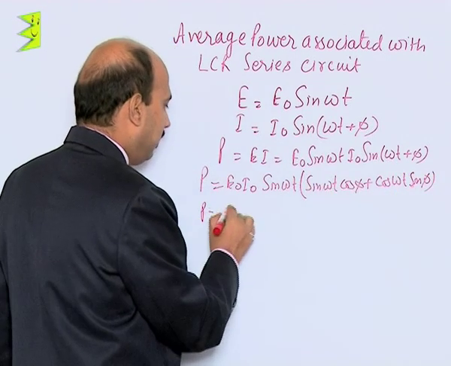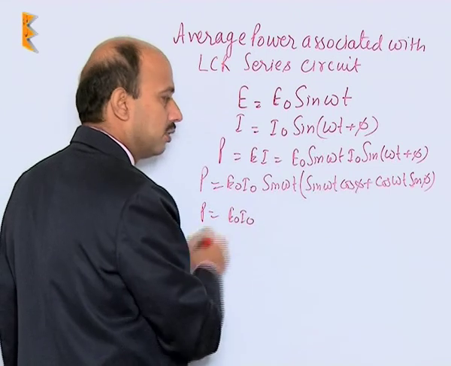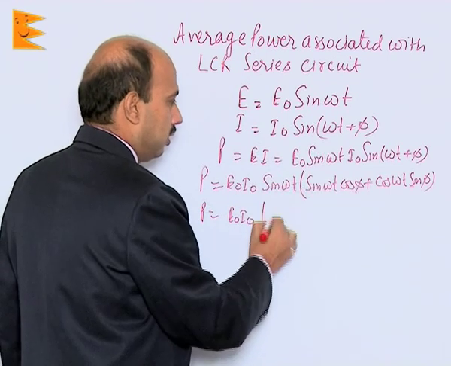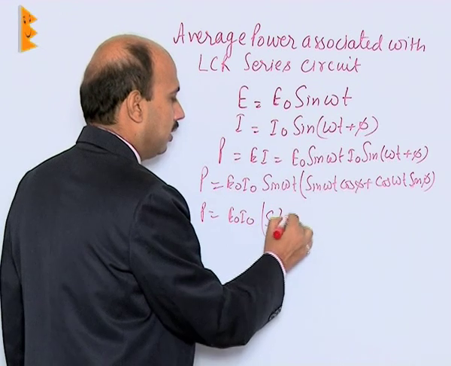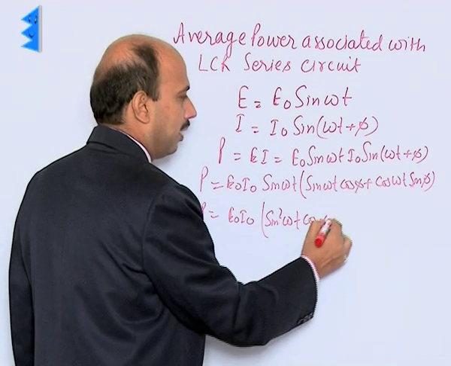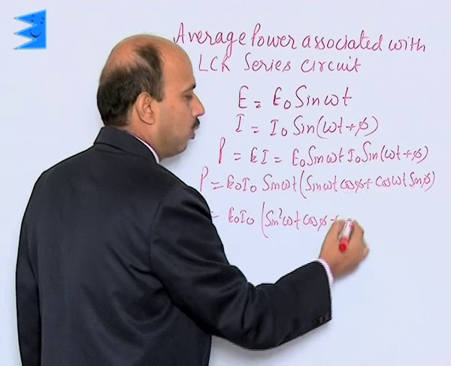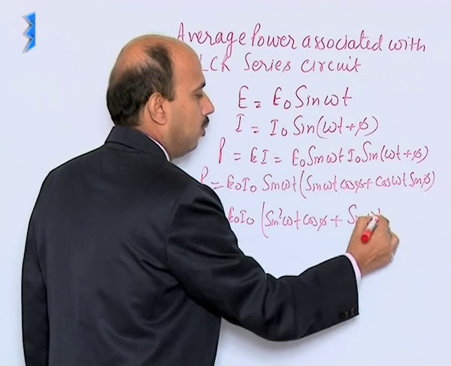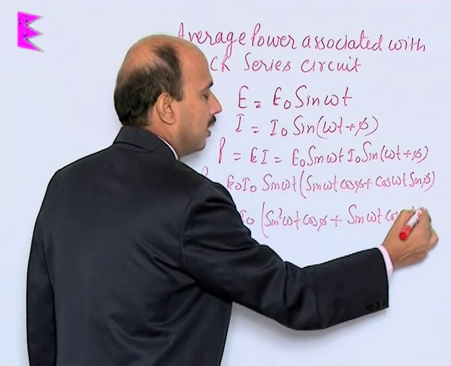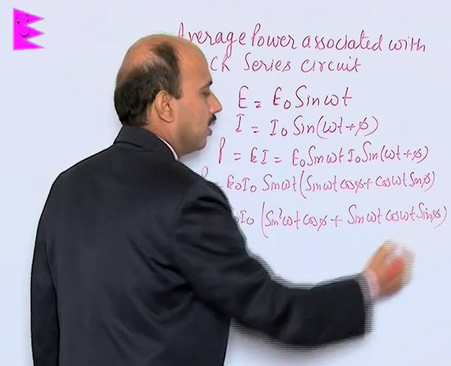Now we can write P = E₀I₀ [sin²ωt cos φ + sin ωt cos ωt sin φ].